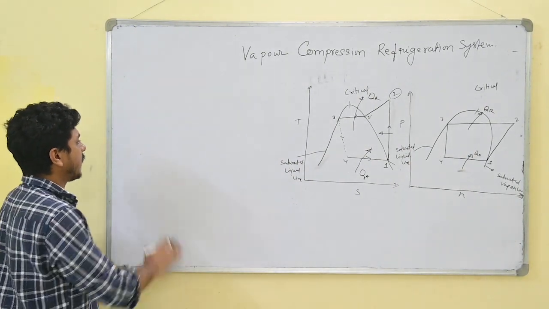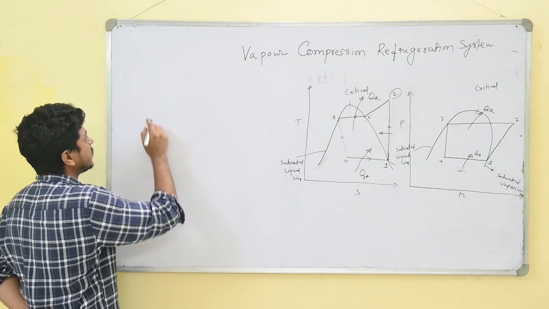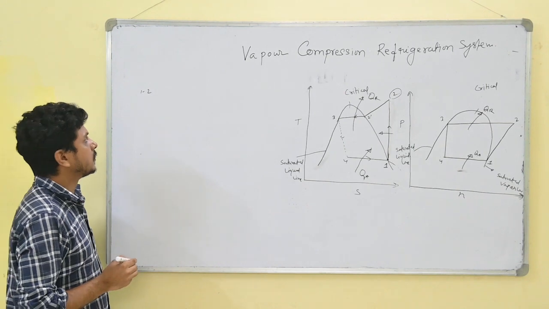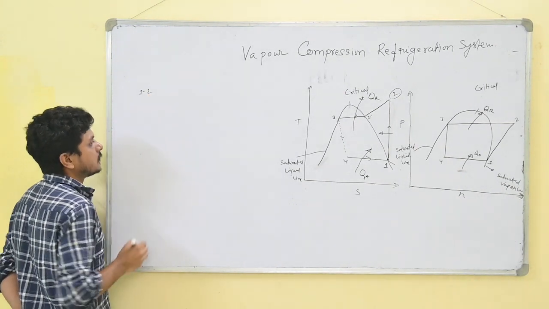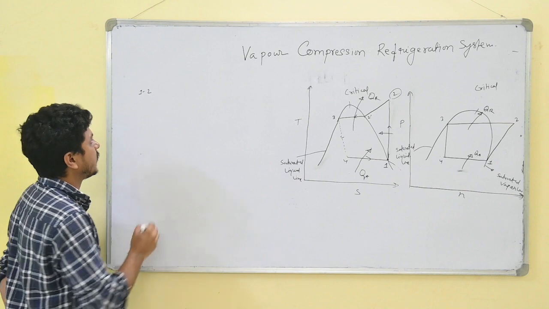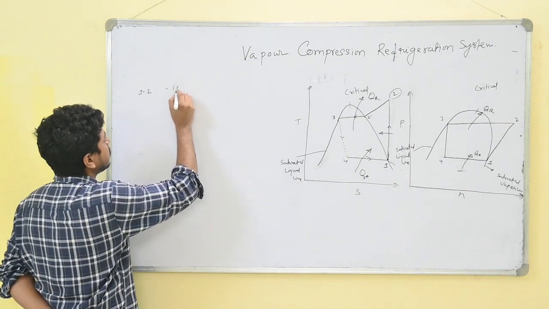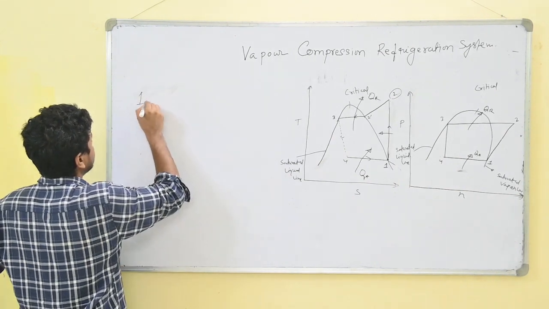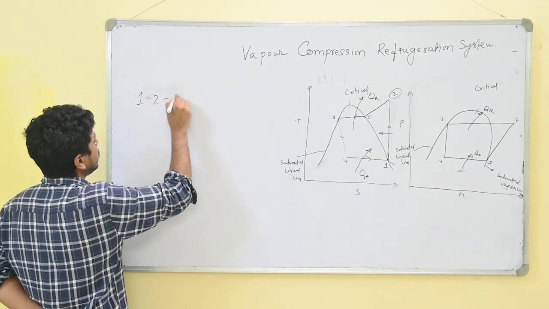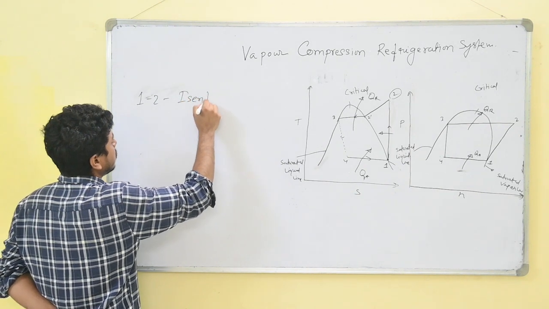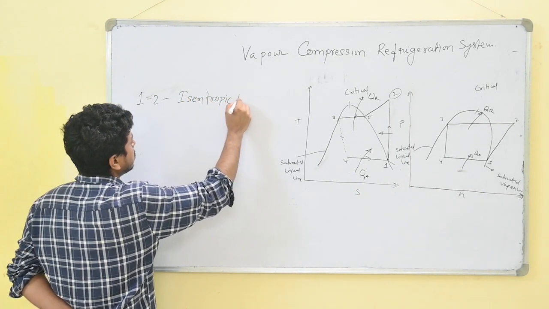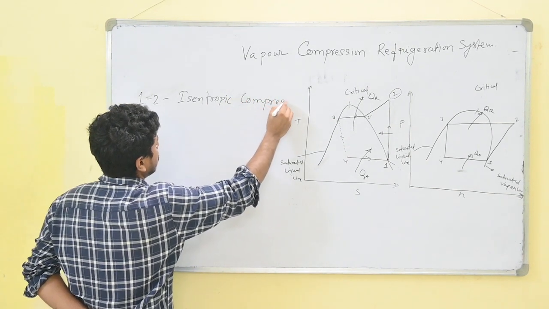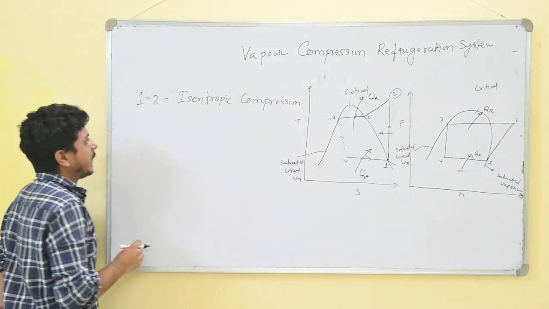So at first we write down the four processes. 1-2 takes place in the compressor and it is called isentropic compression.